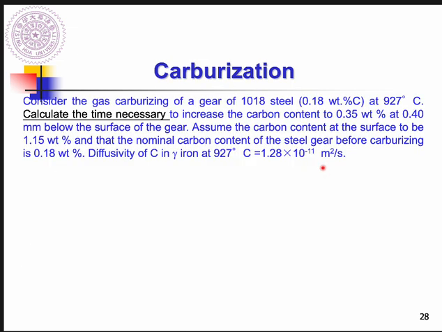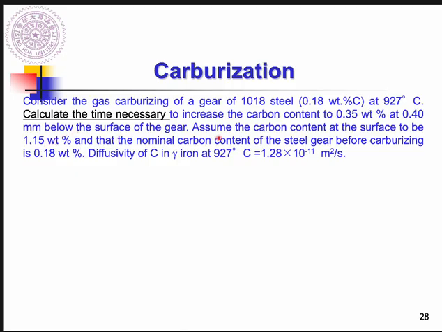In order to estimate how much time we need to increase the carbon content inside our steel parts, here is the example. Consider a gas carburization of steel with 0.18 weight% carbon at 927 degrees C. Could you please calculate the time necessary to increase the carbon content to 0.35 weight% at 0.4 millimeter below the surface?